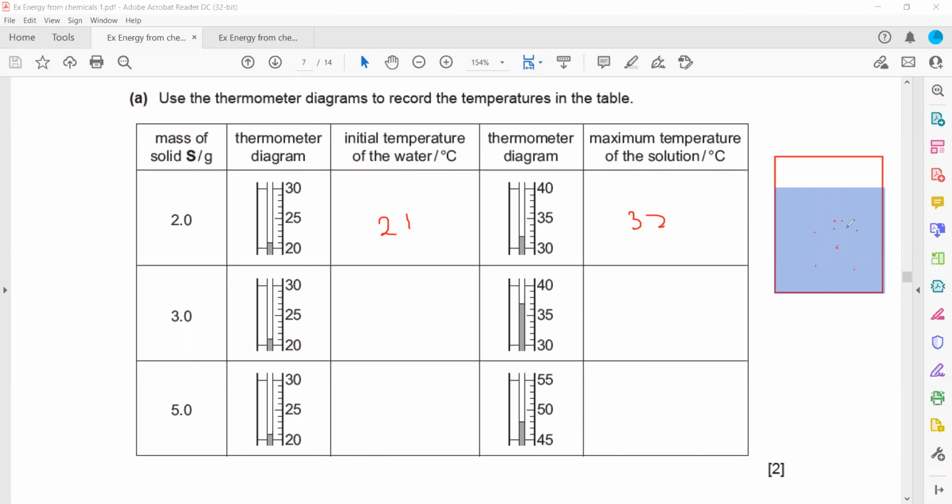In an exothermic reaction, they release energy. When they react, they give out energy and that energy is absorbed by the water. That's why the water temperature is increasing. So always remember, whenever the temperature of the water or the solution increases, the reaction is exothermic. And if the temperature decreases, then the reaction will be endothermic.